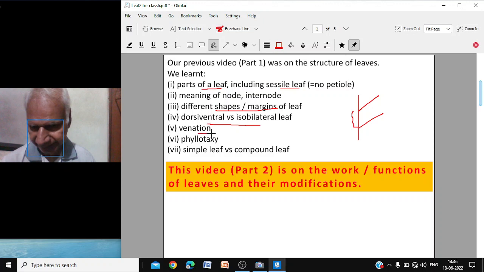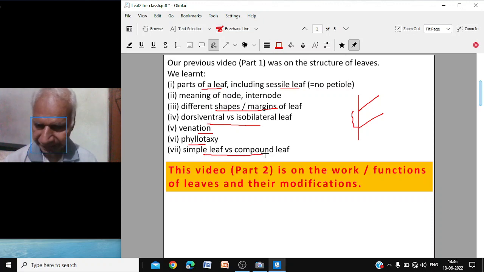Venation, the two main types of venation, parallel venation and reticulate venation. Phyllotaxy, one leaf from each node, alternate, two leaves from each node, opposite, and more than two leaves from each node, whorled phyllotaxy. Simple leaf and compound leaf.